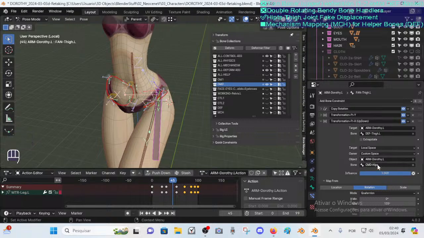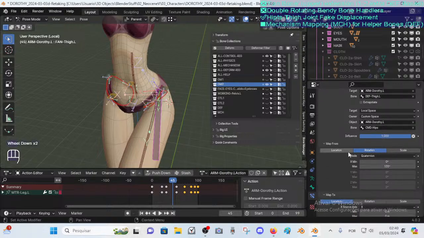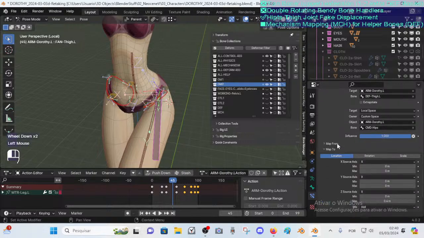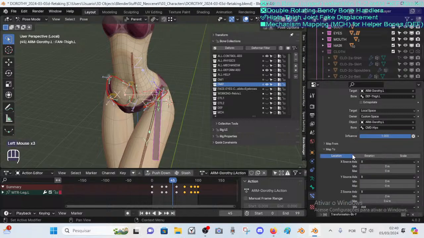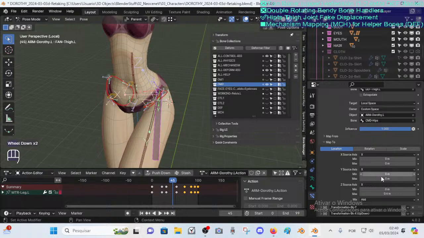So this means that when I go to map to, to solve the x and z axis, these values are based on these axes.